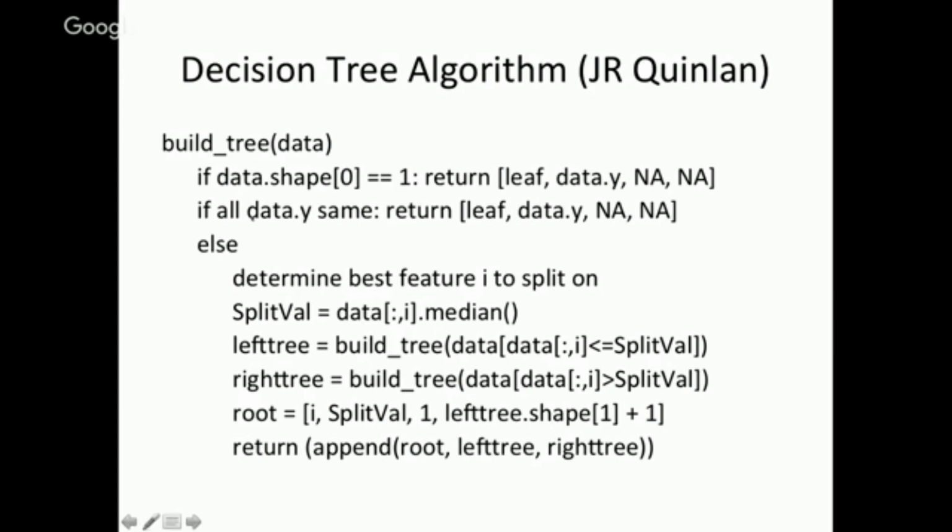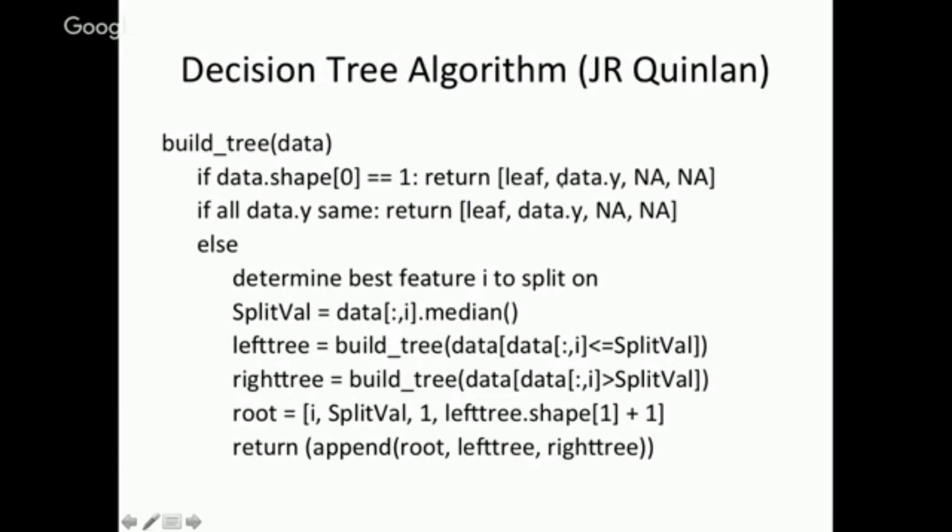So we take that data in, and if the number of rows, in other words, shape of 0, is only one row, that means we're being given essentially one sample of data. If we're asked to build a tree out of one sample of data, well, the answer is it's a leaf, and the value of that leaf is the Y value of that data.